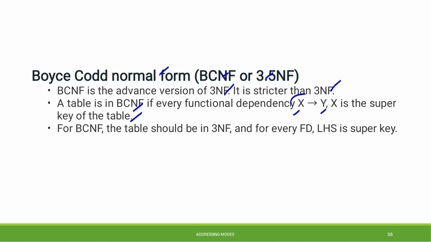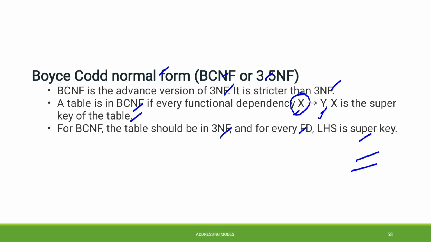Means this should be a prime attribute. A non-prime attribute should not decide the value of another prime attribute. For BCNF, the table should be in 3NF and for every FD, the LHS is a super key.